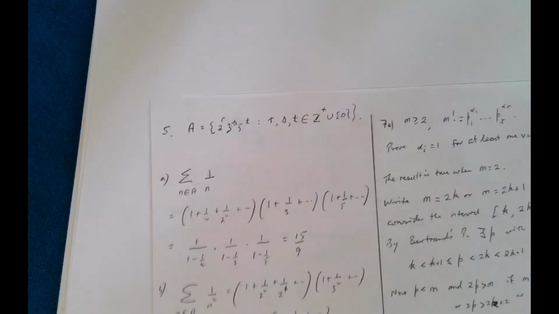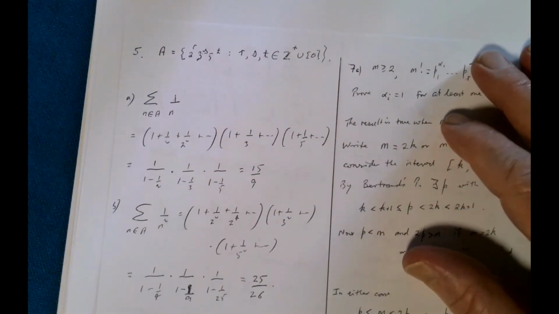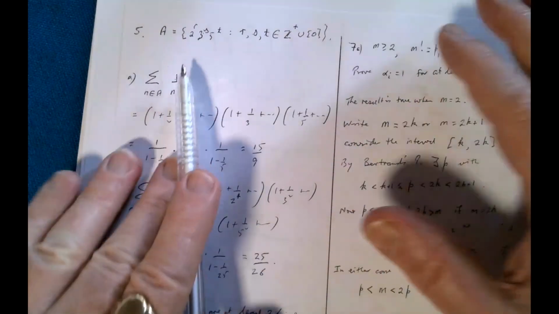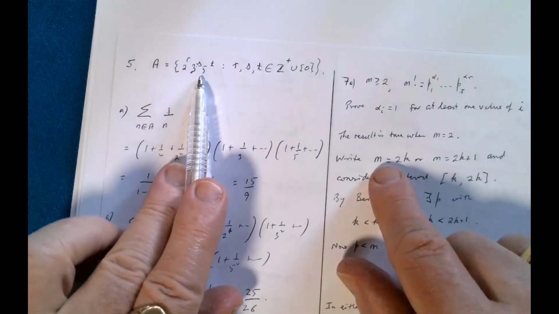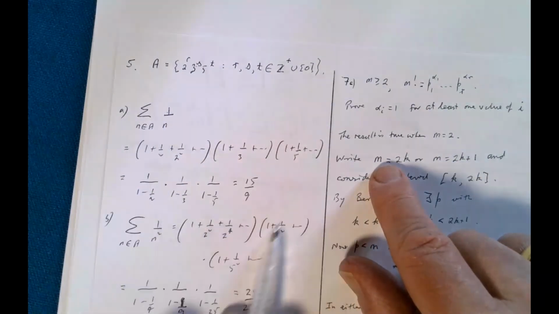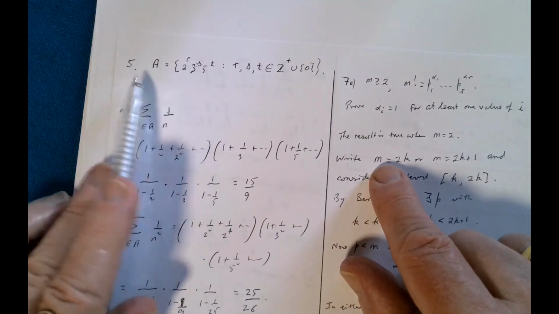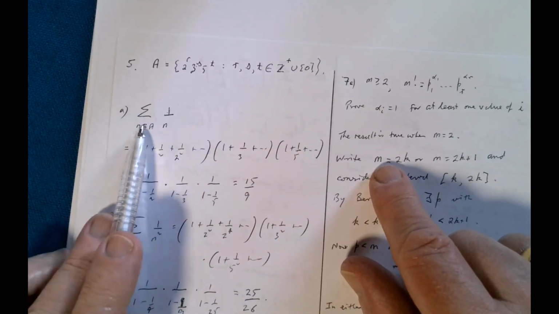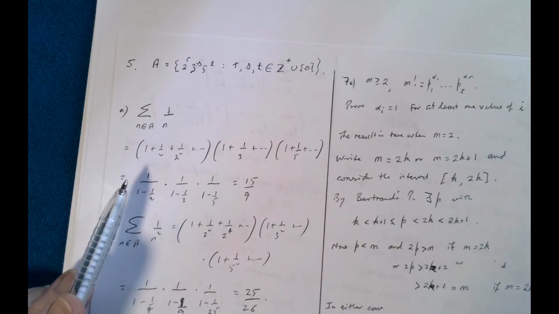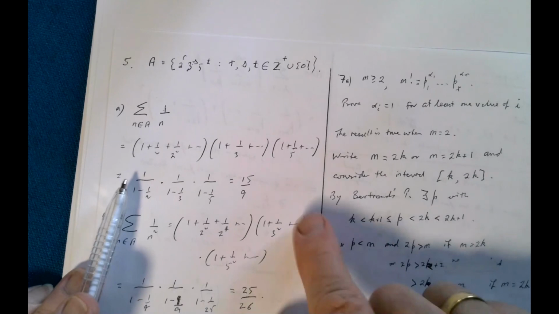And this is quite a nice little exercise to do, actually. So if A consists of all the numbers of this form, where r, s and t are non-negative integers, they could be 0, then we'll get this sum by using the fundamental theorem of arithmetic, this Euler product idea.